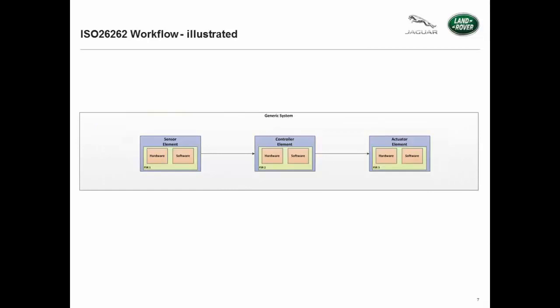The safety goal gets refined into functional safety requirements. So we're now defining behavior that needs to be achieved by these elements. It could be assigned to all 3 elements, or it could also just be assigned to 1 or 2 of them.